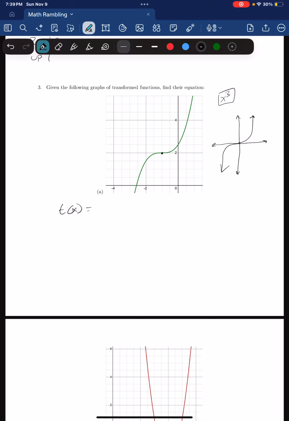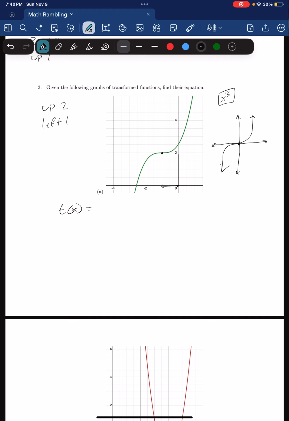All right. And so let's see. Our function went up by 1, 2, up 2. That's one transformation I know of. It went to the left 1. How do I know it went up 2 and left 1?